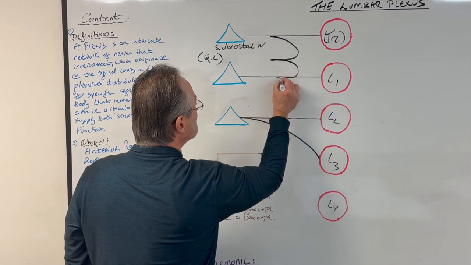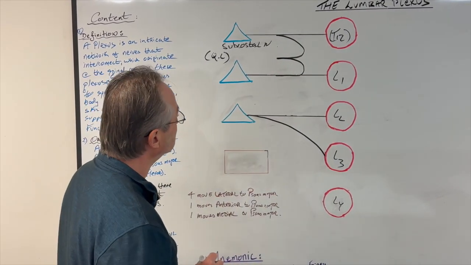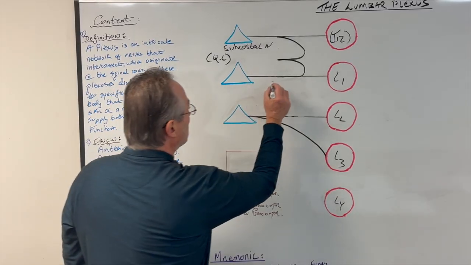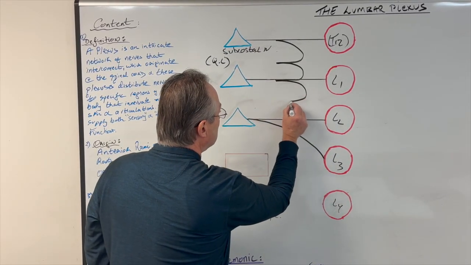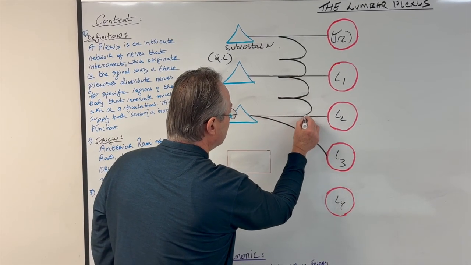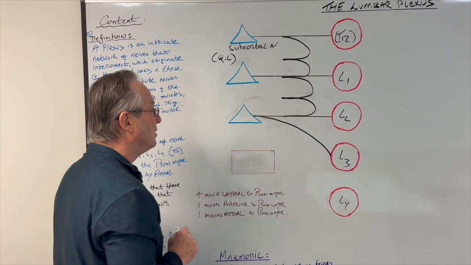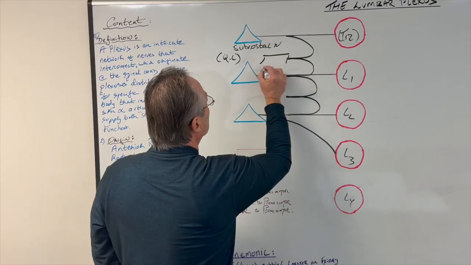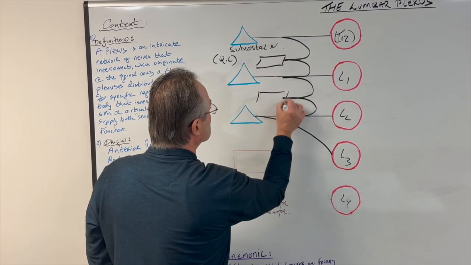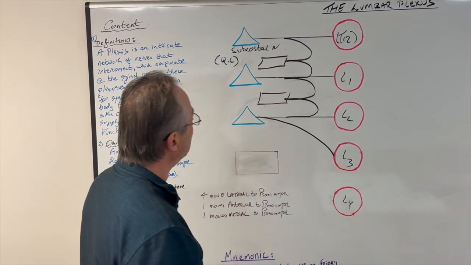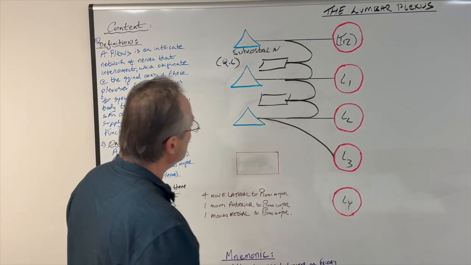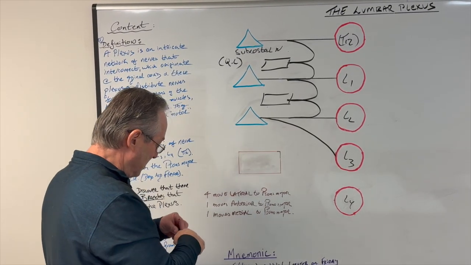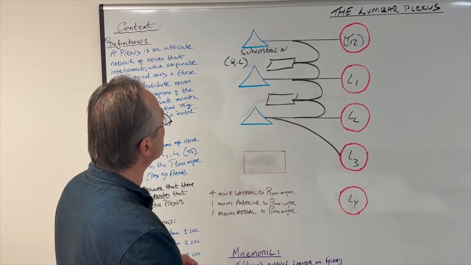Just draw these branches, a number 3. And we'll do it again. We're going to draw a number 3. We're just filling in these boxes, okay? We're filling in this blueprint because we're going to end up with a beautiful mosaic of nerves.